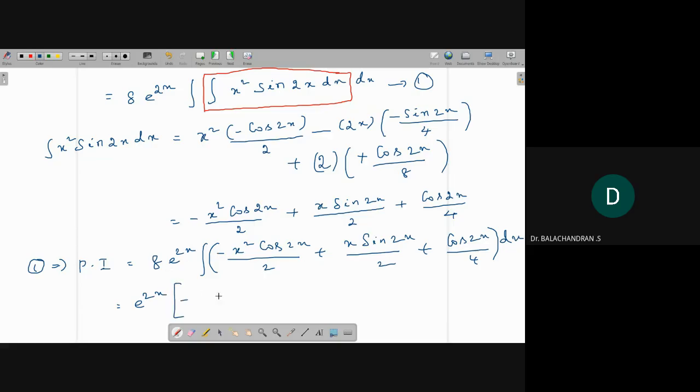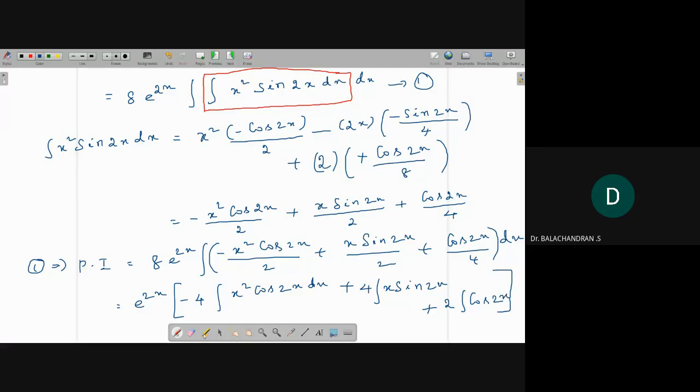Minus 8 by 2, minus 4 integral x square into cos 2x dx, plus 8 divided by 2 is 4 integral x into sin 2x, plus 8 by 4, that is twice integral cos 2x into dx.